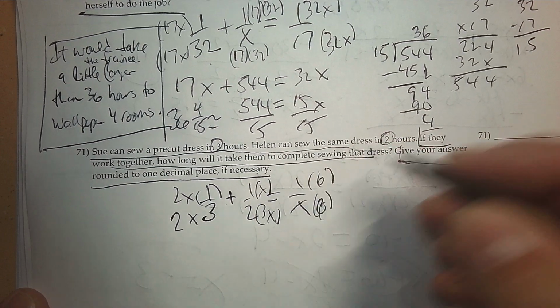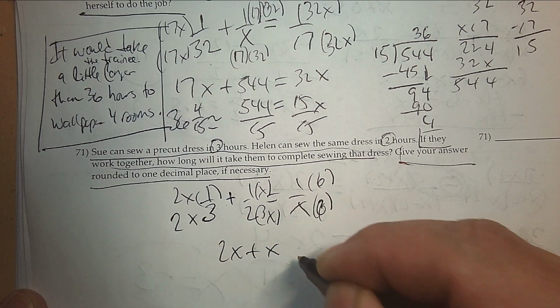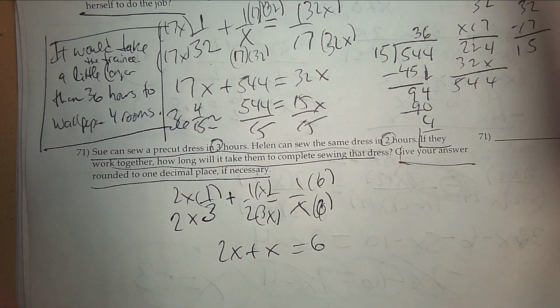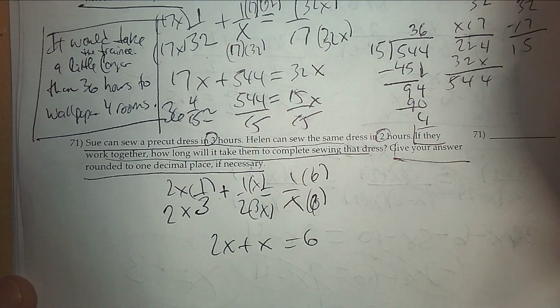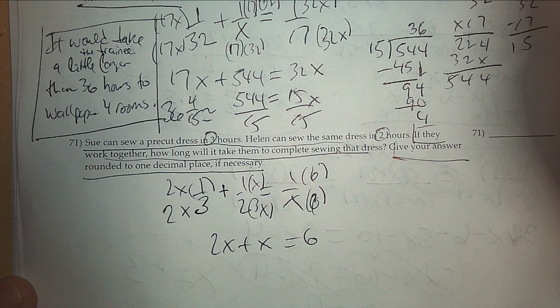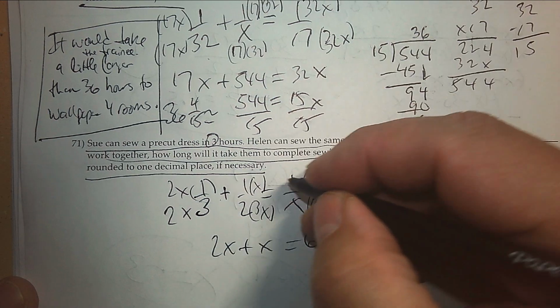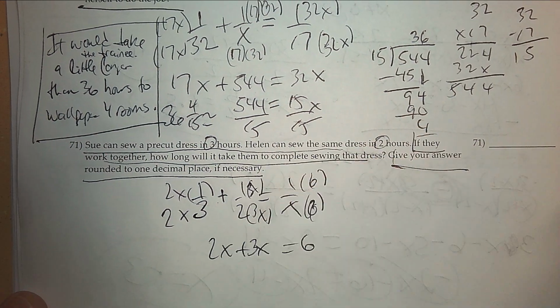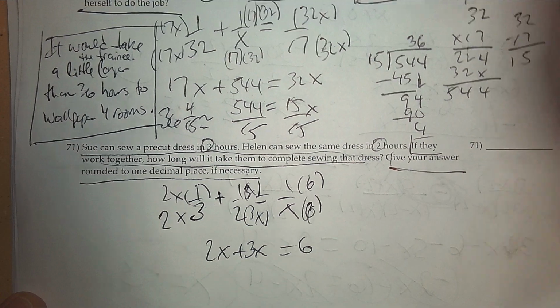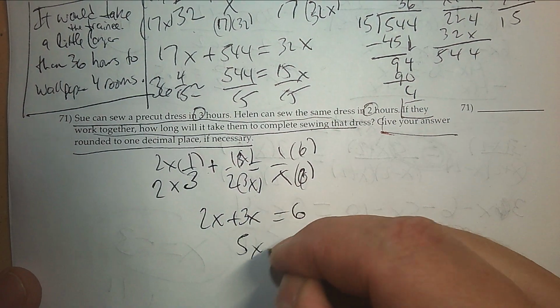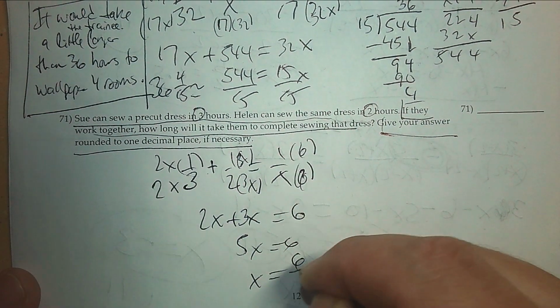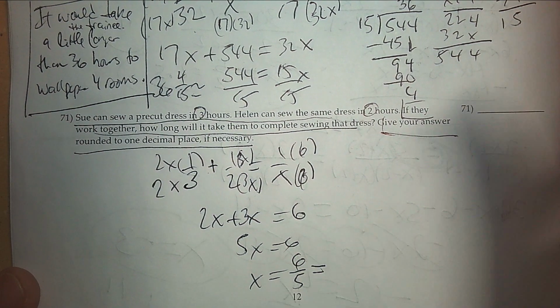So I get 2x plus 3x equals 6. It should be a 3x on top. 2x plus 3x equals 6. That would mean 5x equals 6, which means x equals 6 over 5.